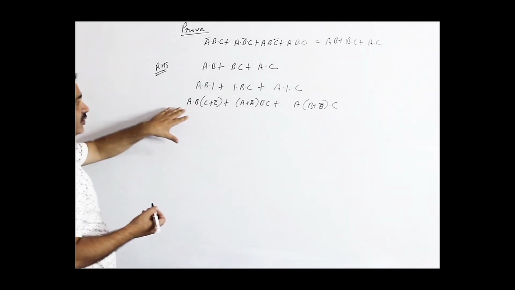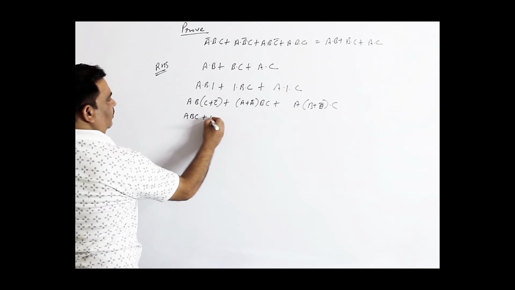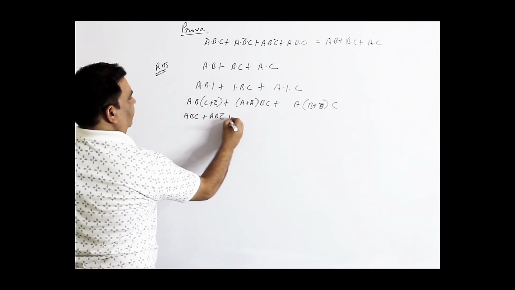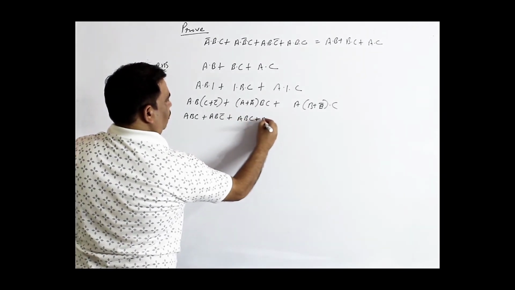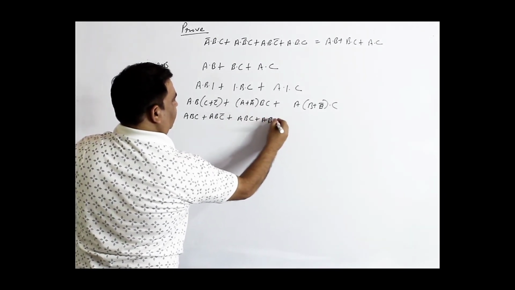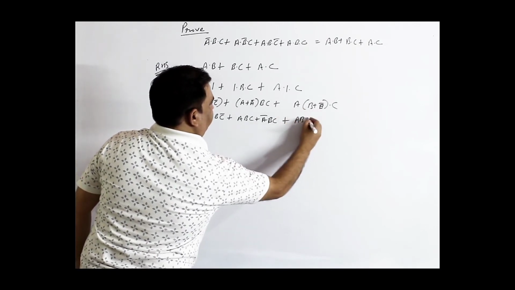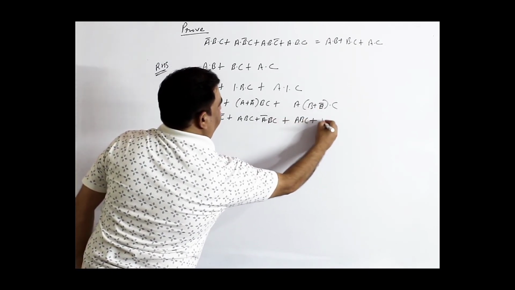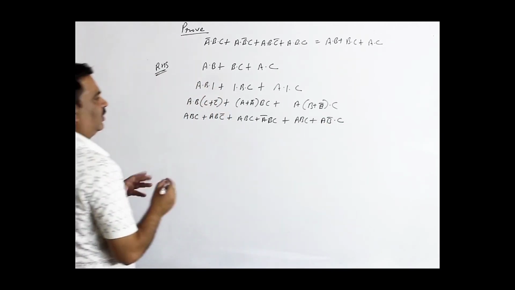Now apply the distributive law and multiply inside: A dot B dot C plus A dot B dot C complement plus A B C again, A B C plus A complement B C, plus A B C and A B complement dot C. Now remove the common terms.